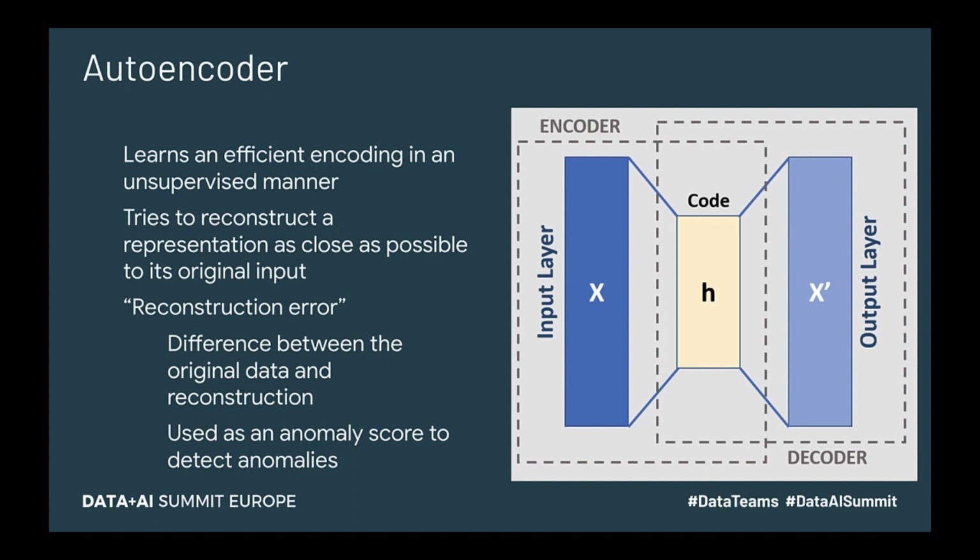And when the actual data does not match the reconstruction within a certain threshold, that is a way of detecting when you're seeing an anomaly in the actual data. So this is a fairly common approach to doing anomaly detection. And that's the approach that we're going to be using in the use case that we're discussing today.